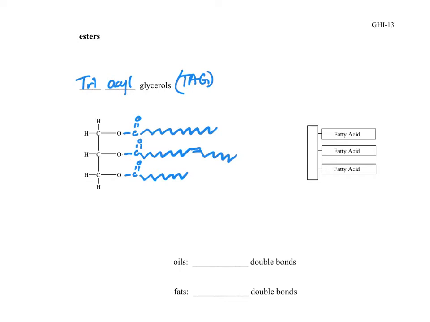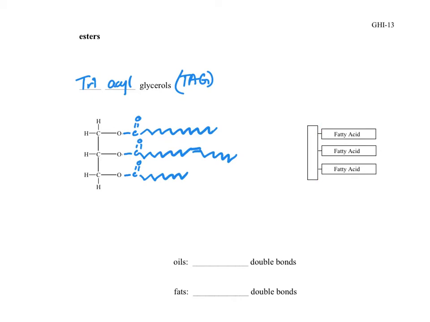So one of our goals here is to understand how these pieces and linkages are used to make something that has a particular purpose. In this case, it's a storage form of energy, all nonpolar. Now, in the last video, I also said that we show these esters as kind of fragile linkages because we can break them apart again.